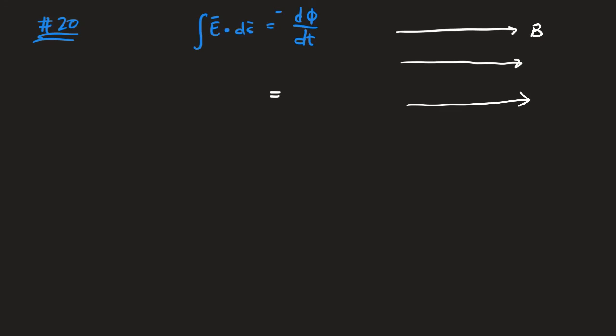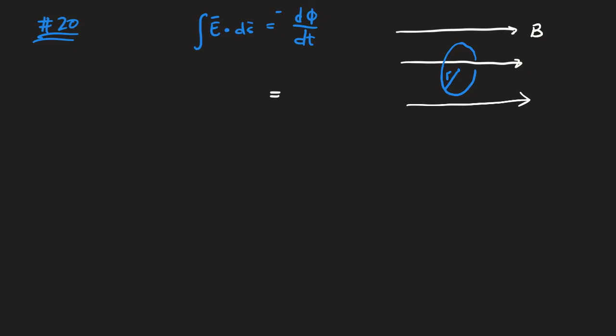Mine says 5 centimeter diameter solenoid, starting at 2 Tesla, and it's decreasing. The R that I'm given is 1.5 centimeters, which means I am interested in something well inside my solenoid. Does that make sense so far?